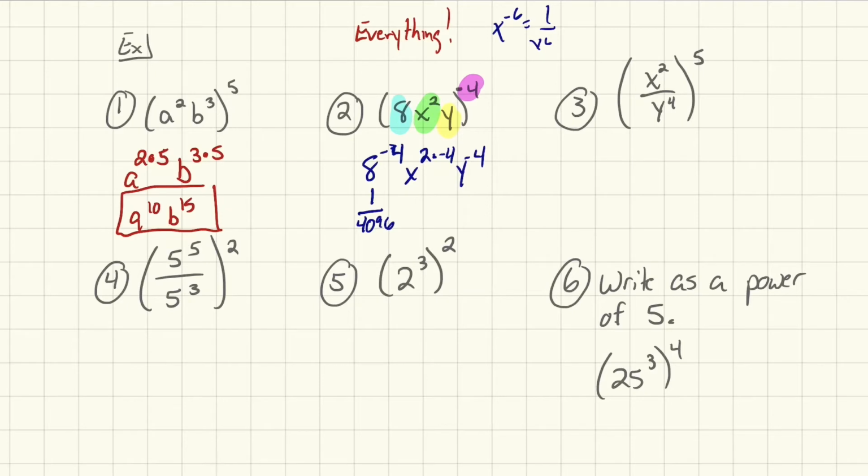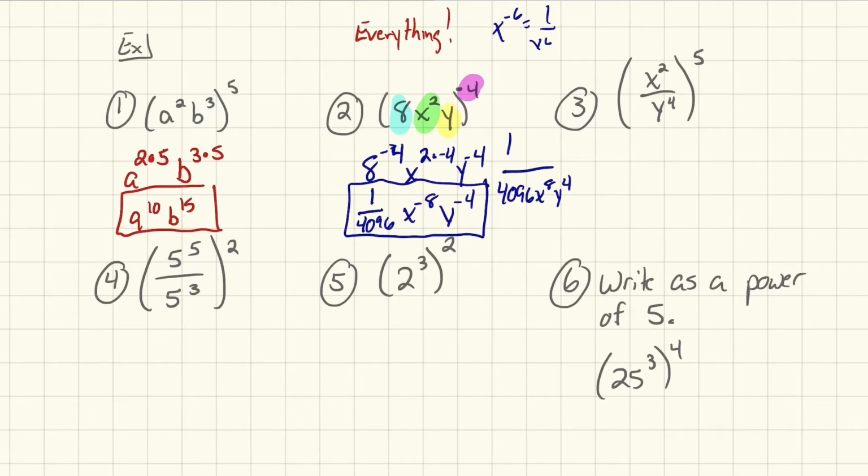Simplifying even further, 2 times negative 4 is negative 8, and y to the negative 4th is just y to the negative 4th. We could leave our answer like this if we really wanted to, but sometimes you will be asked to rewrite it. Remember, whenever we rewrite things, we go ahead and put our fraction like it is, and all of our negative exponents go on the bottom as positive numbers.